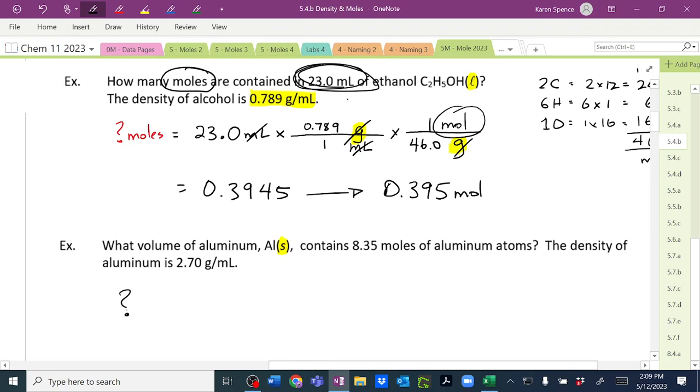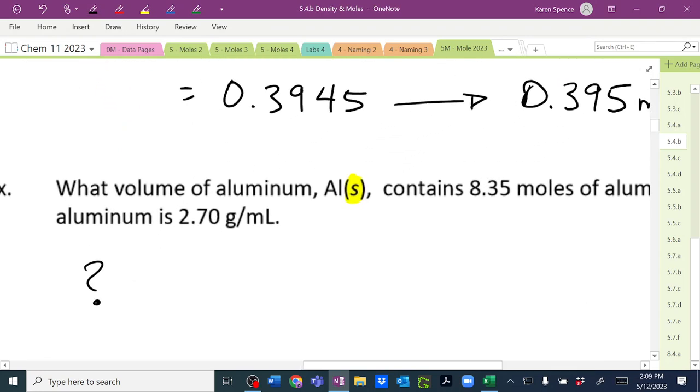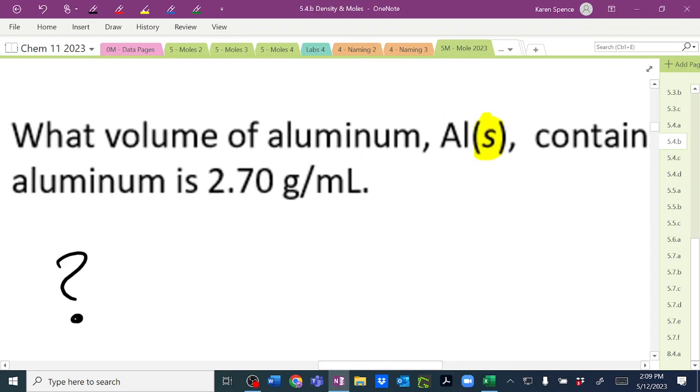What is the volume? Do you think we want to do milliliters or liters for our volume? You could, or you could say, look, I have milliliters in my density, and so if I stuck with milliliters, I wouldn't have to do an extra conversion.